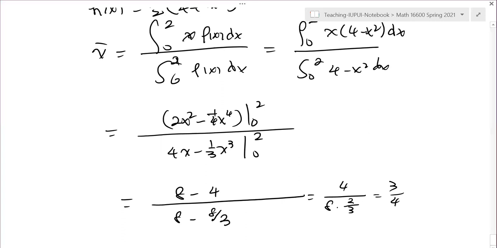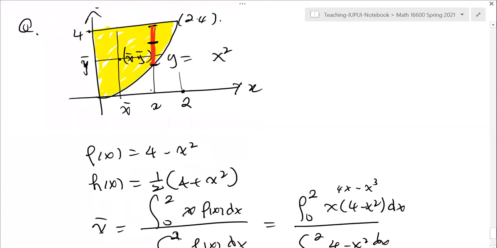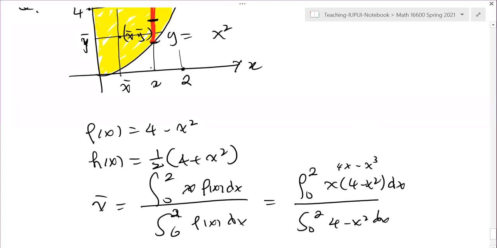3 over 4. If you look at the picture, is 3 over 4 reasonable or not? X bar is 3 over 4. Something's wrong, right? The center should be on the left-hand side, not the right-hand side. Oh no, 3 over 4 is on the left-hand side, because my total length is 2.